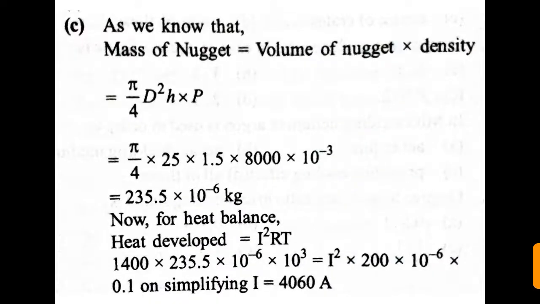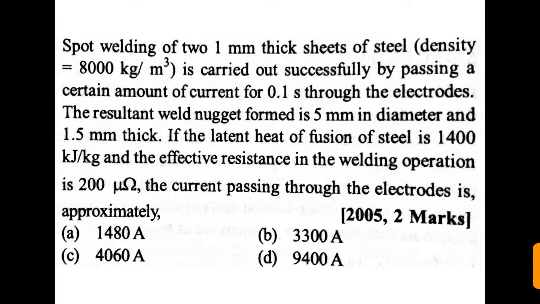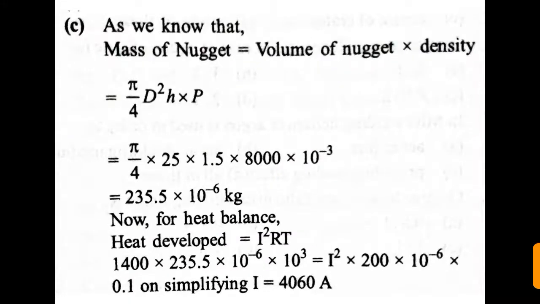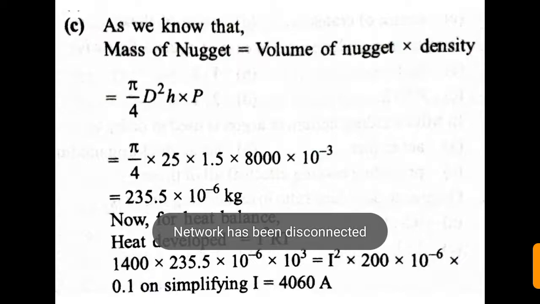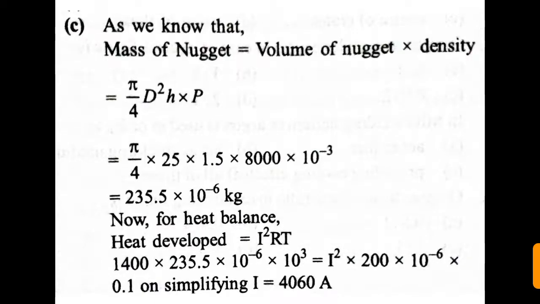If you multiply the mass of nugget by this latent heat of fusion, then we can equate it using the formula I square R T. Now 1400 into 235.5 into 10 power of minus 6 into 10 power of 3 is equal to I square into the resistance, given as 200, and the value of t is 0.1. After that we can simplify and calculate the value of I as 4060 ampere, which is the correct option for this question.